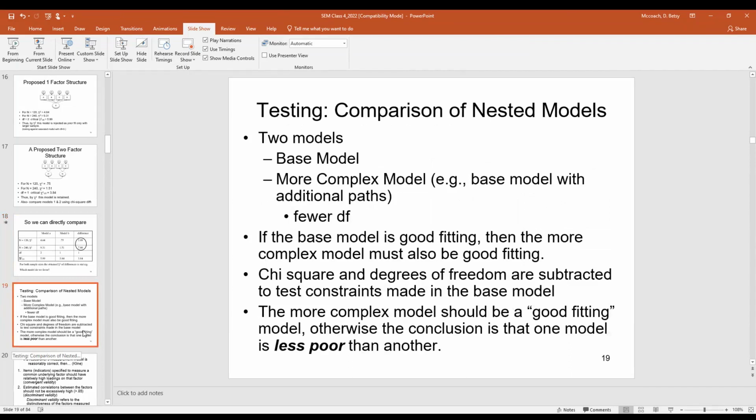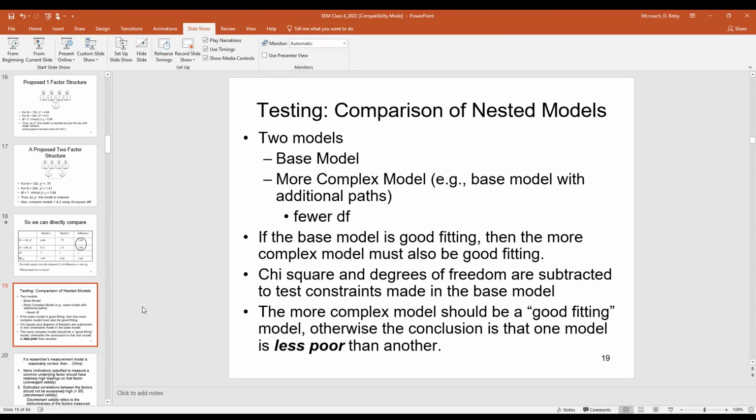Obviously, when you use the chi-square difference test, there's going to be one model that's better than the other, or maybe they're the same, but ideally, not only are you comparing two models, the one that you pick should also be a good model, right? Theoretically you could compare two models, both of which fit horribly.